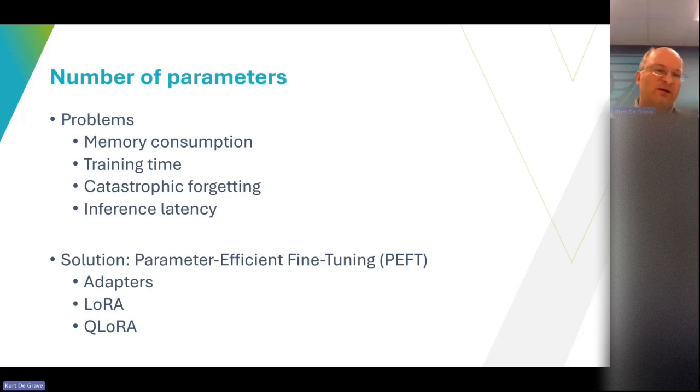The model also is large. You have gigabytes of weights, and if you need separate weights for each problem that you want to solve, then your storage requirements go up quite quickly. Your training time is high, and you have a problem of forgetting.